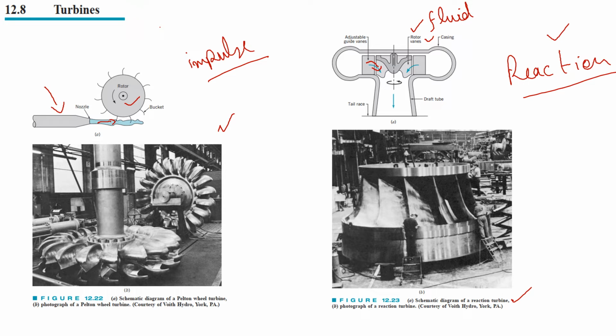This is why it is also known as the reaction turbine: the rotor profile is designed such that the fluid pressure drop occurs inside the rotor, and the pressure drop is converted into velocity increase. So this is how we utilize the fluid energy by rotating a rotor with the help of the impulse or the reaction turbine.